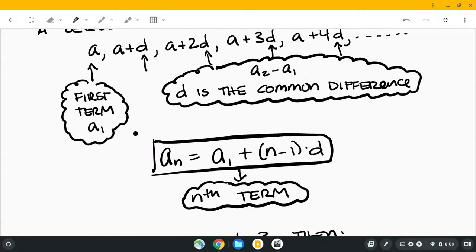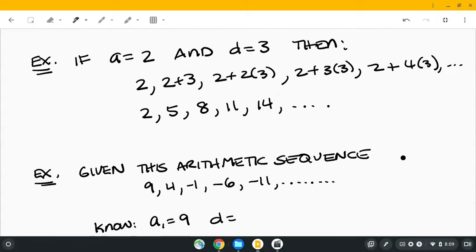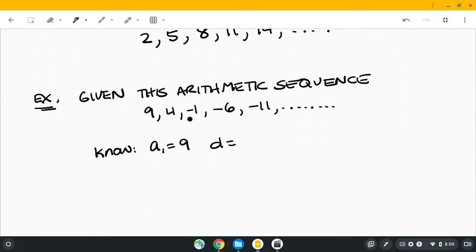Or if you want to do it more generally, we can say AN minus the one before it, right? We know this is the nth term, and this is the way we write the one before it. Okay. So over here, the order matters, so we have to do 4 minus 9, which is negative 5. So it's negative 5, not positive 5.